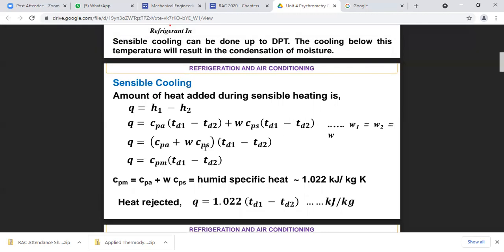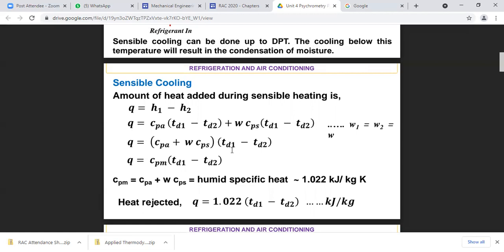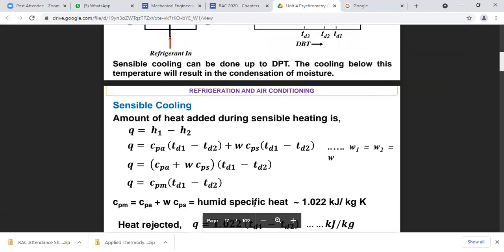As specific humidity is constant, we take the common terms (CPA plus W CPS) in a common bracket, times (TD1 minus TD2). As we have seen previously, CPA plus W into CPS is the CPM, and the value is 1.022. So we are getting Q is equal to 1.022 (TD1 minus TD2).